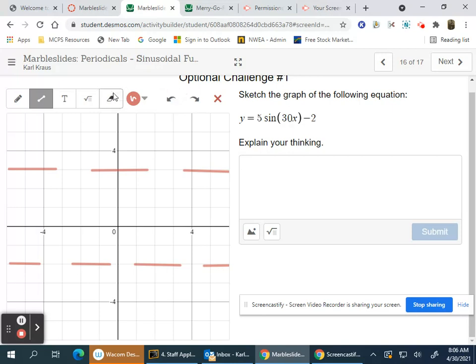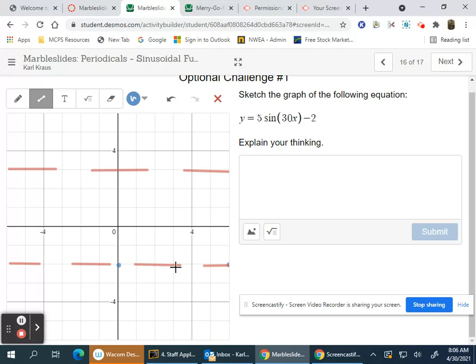So I'm going to start on the center line here. And once again, this scale is kind of off. I would end on the center line 12, and then on 6 would be on the center line.